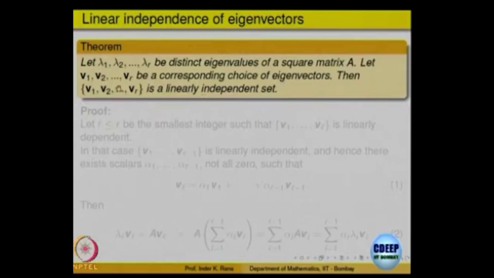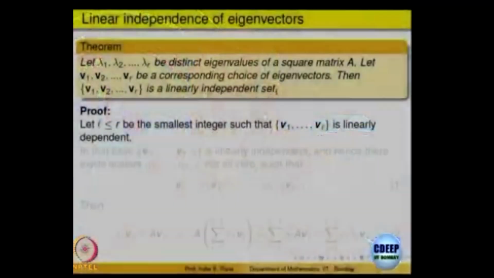Then the claim is that this set is linearly independent. Even though all the eigenvalues need not be distinct, if you collect the eigenvectors corresponding to distinct eigenvalues, they will form a linearly independent set. So at least there is some achievement: for each distinct eigenvalue we find an eigenvector, so at least that many linearly independent vectors we have. Okay, so let us prove this.